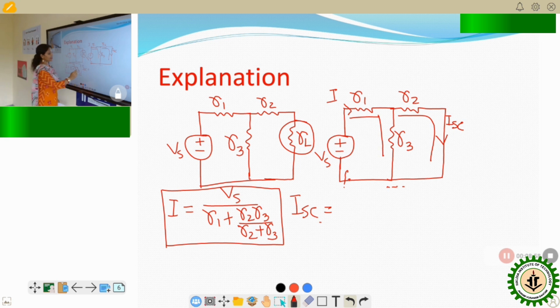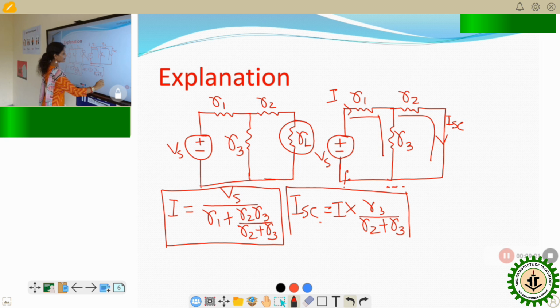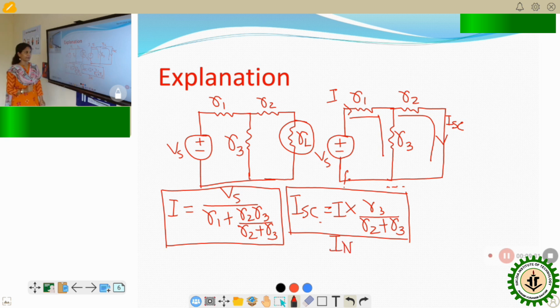Total current I multiplied by the opposite resistor, which is R3, and divided by the total resistance R2 plus R3. This is ISC, and that ISC is also known as the Norton's equivalent current, IN.